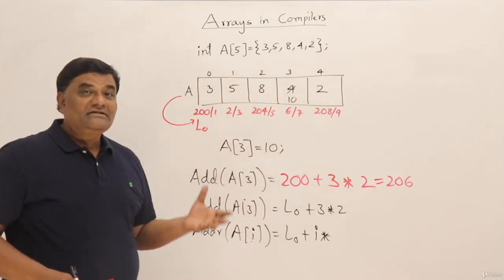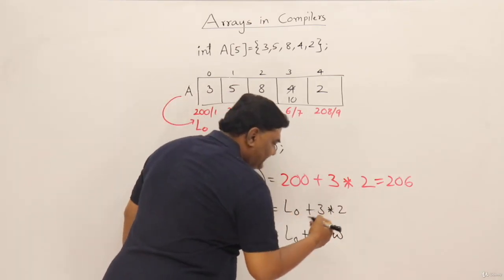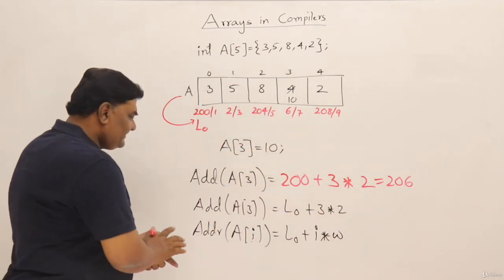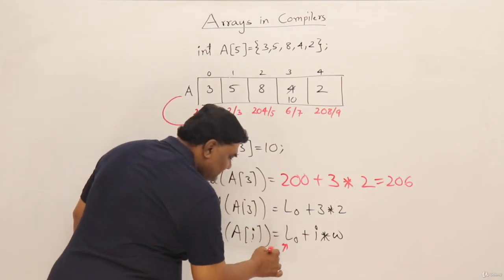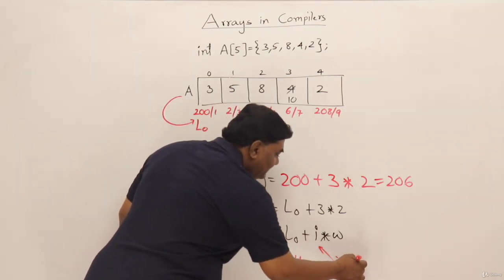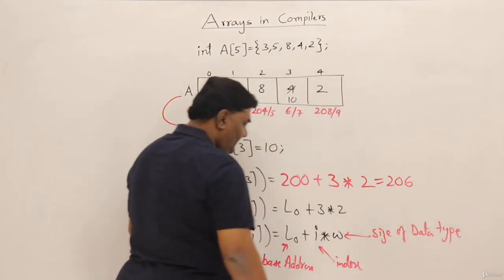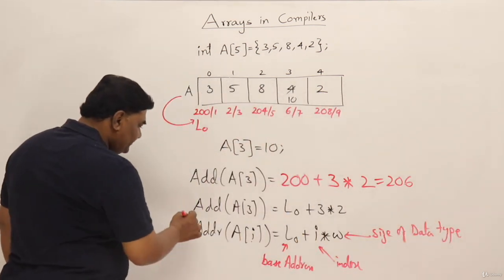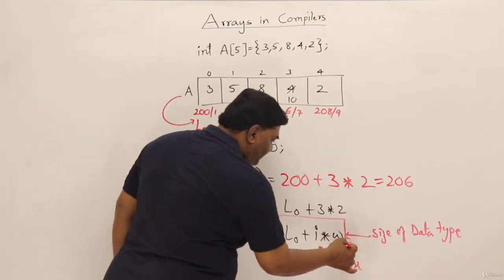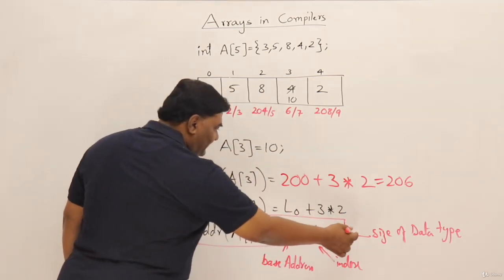So I have to take the size of the data type. We use a variable W. So this is the base address, this is the index, and this is the size of the data type. This is the formula used by the compiler for converting any index to an address.